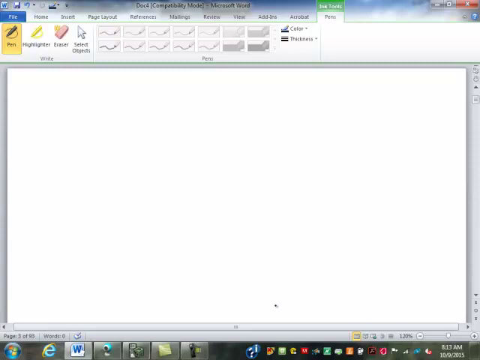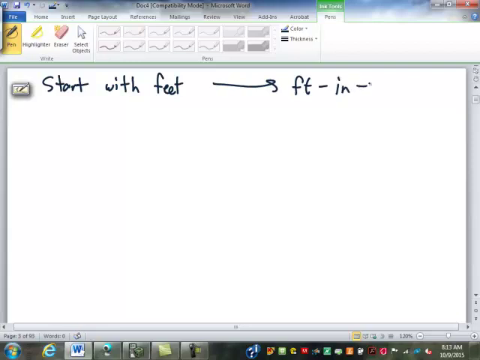And there's two possibilities. Either we can start with feet and convert to feet, inches, and whatever fraction it is that we want. Or we'll start with inches and convert to feet, inches, and whatever fraction.